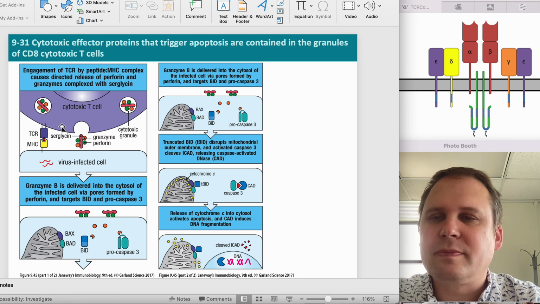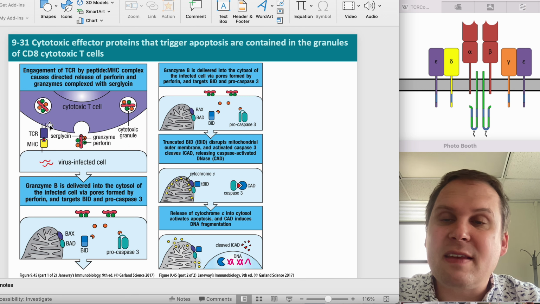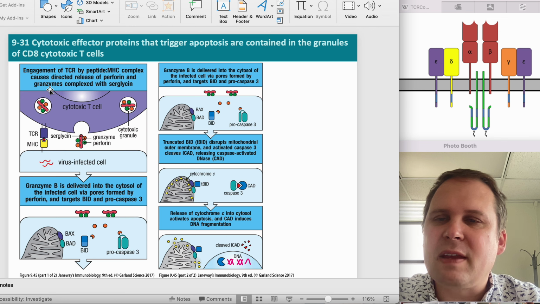So CD8 T cell has got these little cytotoxic granules. It has your granzymes and your granulysins in it, and your perforin. And they are going to perforate the cell, allow other things to come into the cell, and release these activators of apoptosis.